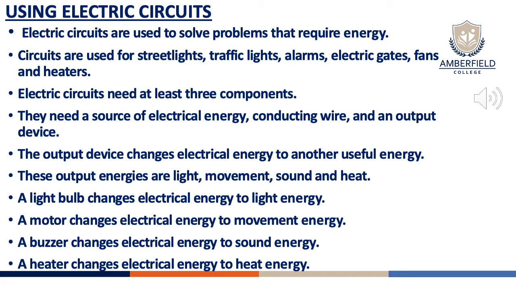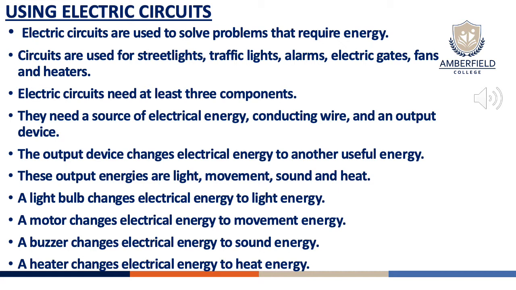Then we need to look at our conducting wires and obviously the output device. So when we think of our source of electrical energy, we should think of our batteries, our cells, and our motors. Our conducting wires, of course, remember, they need a conductor and an insulator to protect us. And then our output device, we can think of our light bulb or a fan or a buzzer.